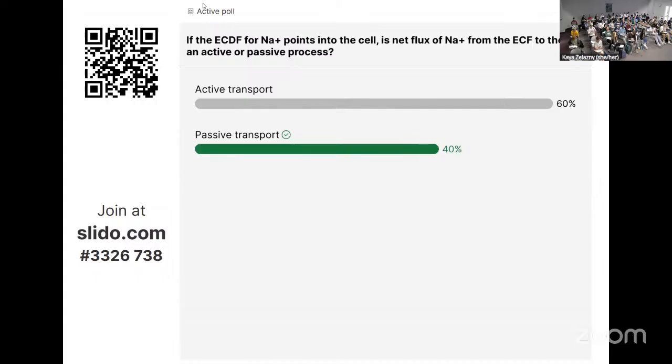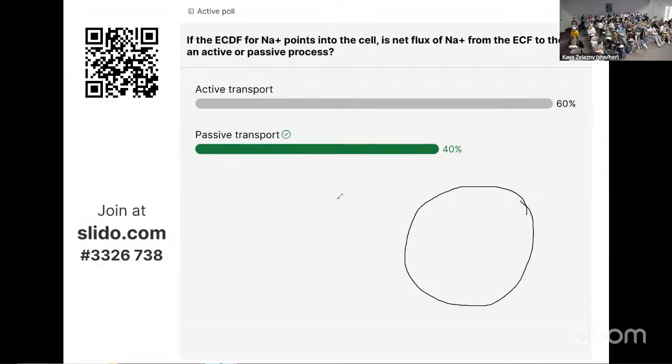Okay, so what we're describing in this case, let's walk through it. We're talking about a cell. It has extracellular fluid outside, intracellular fluid inside. And what we know is that our electrochemical driving force for sodium points in.